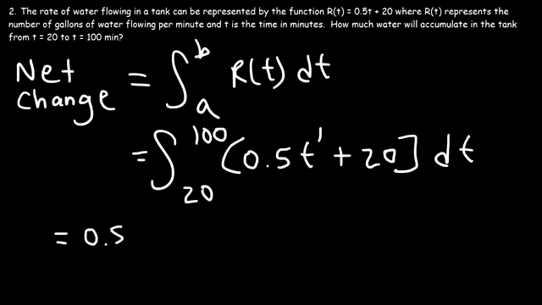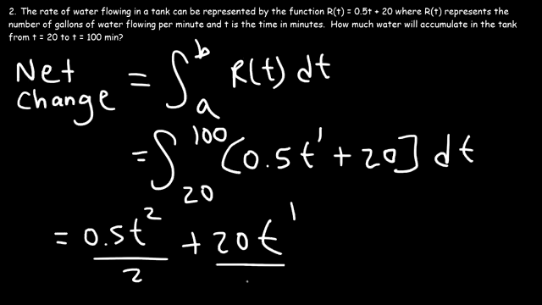So the antiderivative of t to the first power is going to be t to the second power divided by 2. Just add 1 to the exponent and then divide by that result. Now for 20, you can imagine 20 as being 20 t to the 0. So if you add 1 to 0, you'll get 1 and then divide by that number. And then we're going to evaluate the result from 20 to 100.